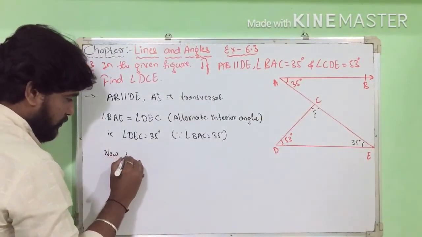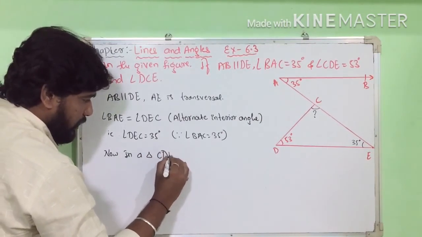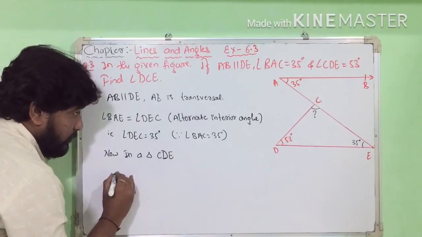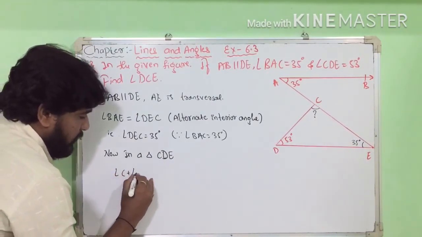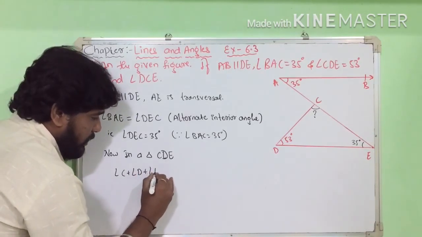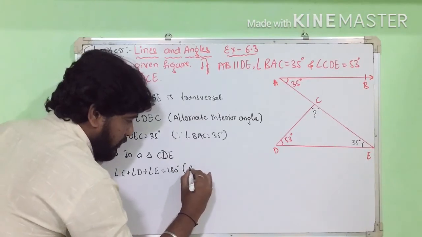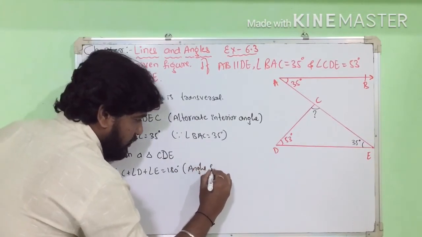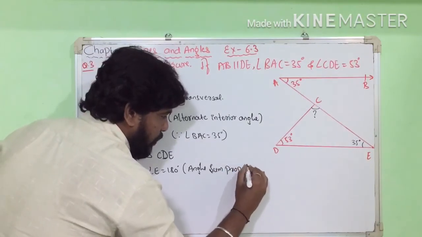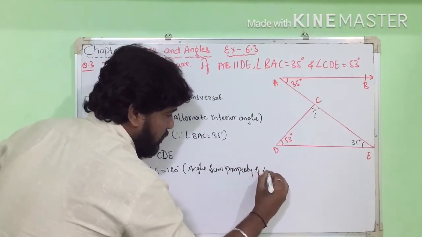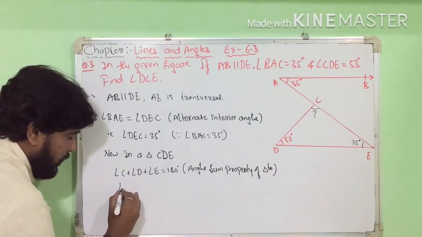So now in a triangle CDE, angle C plus angle D plus angle E is equal to 180. Angle sum property of a triangle, right? So angle C we don't know, keep as it is.